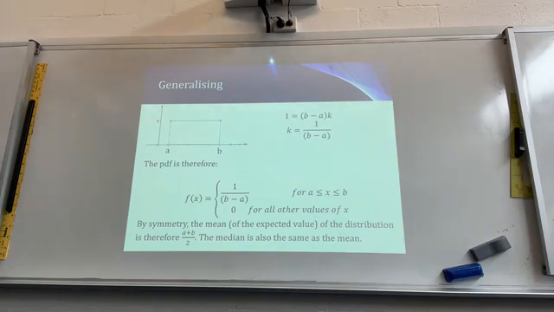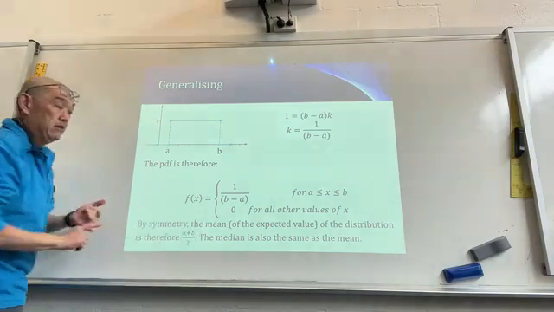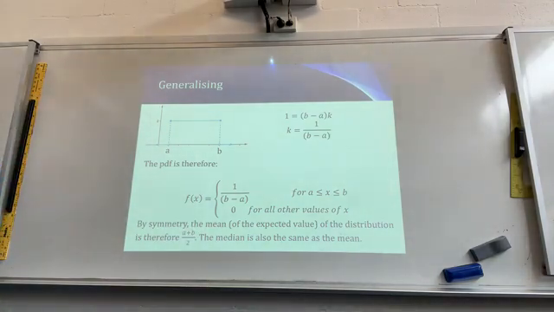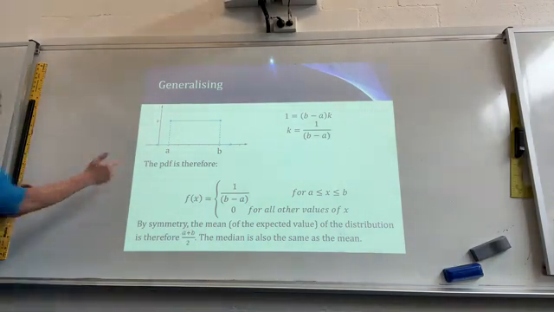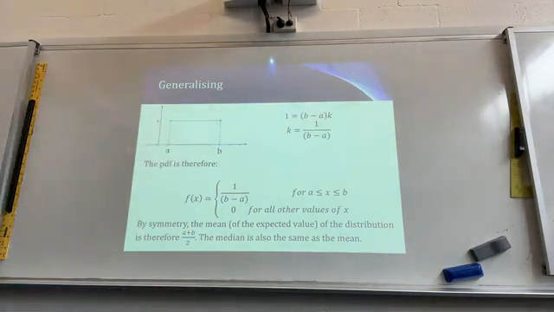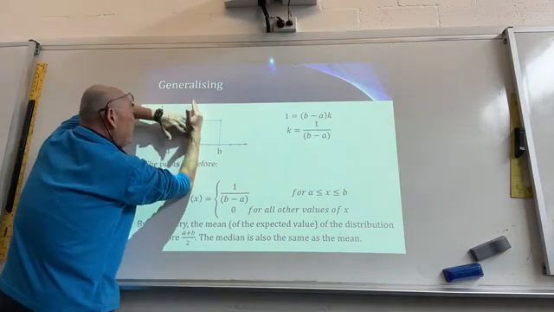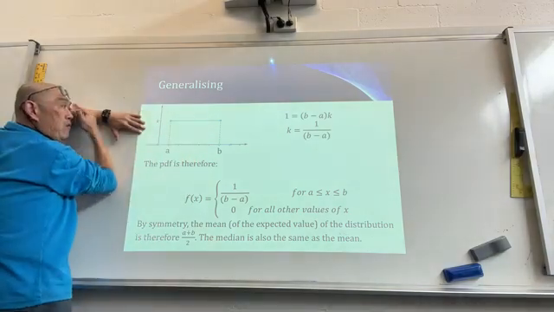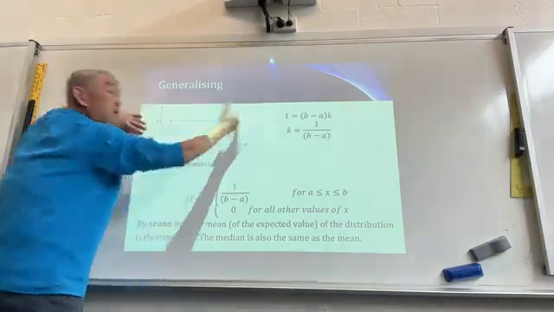Now, with a uniform distribution, by symmetry, the mean or the expected value of the distribution is right in the middle, A plus B divided by 2, because it's uniform. And therefore, the median is actually the same as the mean. Correct? Because right in the middle, 50% will be below the middle, 50% will be above.